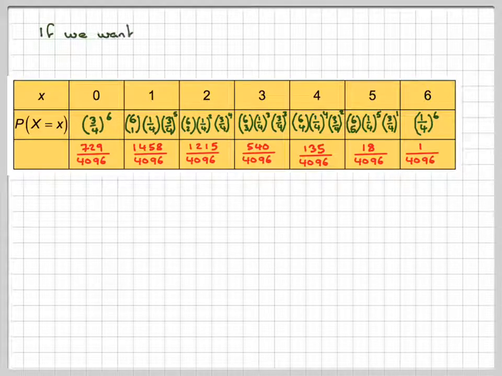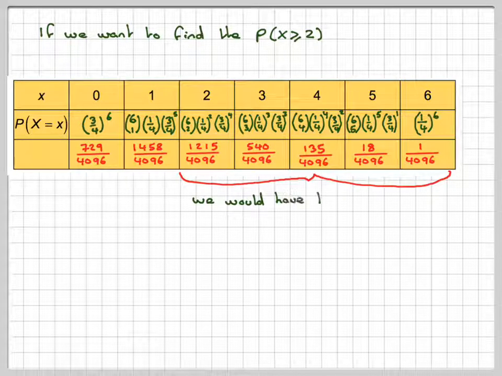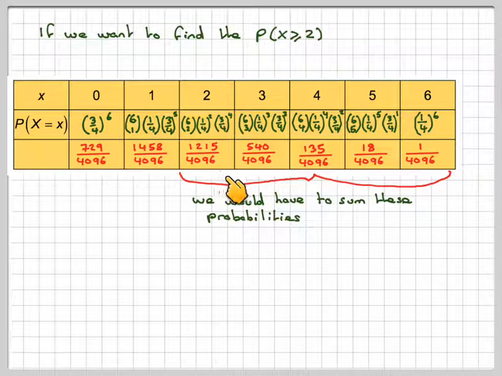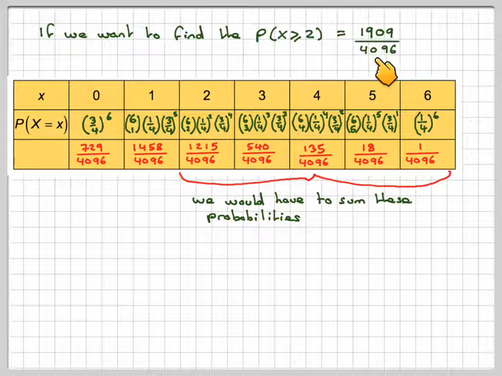If we want to find something like the probability X is greater than 2, then from the table it's easy because we would just have to sum all these probabilities. That's this one plus this one plus this one plus this one. It's quite easy if they're all over the same denominator. Gives you 1909 over 4096.